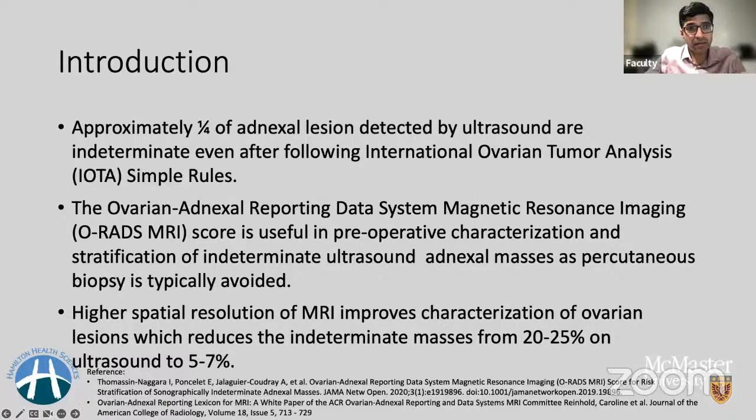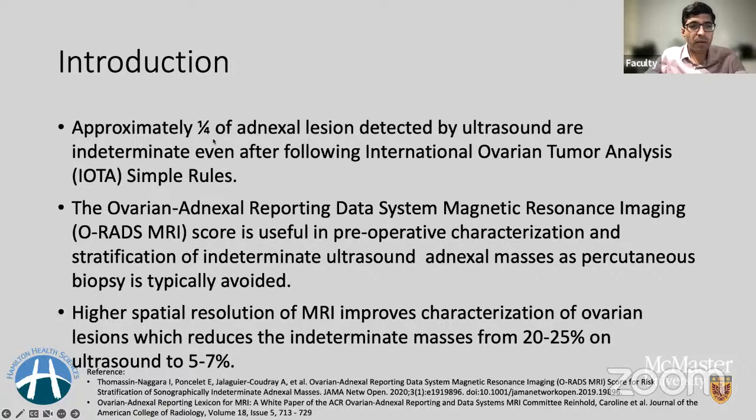Even based on these simple rules, or 10 simple rules, approximately one quarter of adnexal lesions can still remain indeterminate and they need further imaging to classify them. So that's why you can see that the O-RADS MRI score is useful in these indeterminate lesions, as you can assign them an O-RADS MRI risk score or a category.